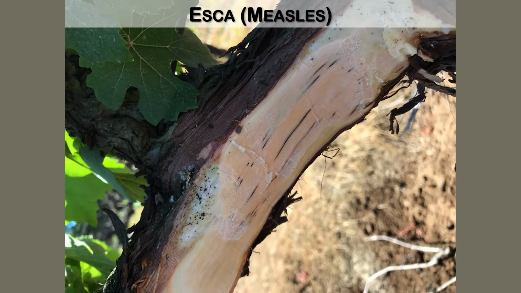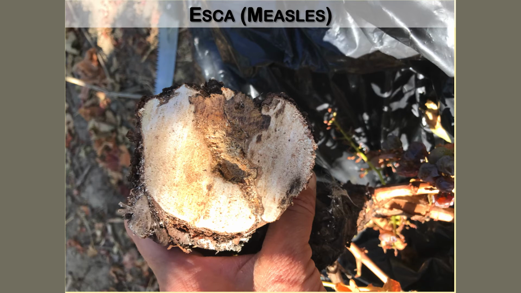And then there's Esca, which is also commonly known as measles or black goo. It causes a different type of wood symptom. This is a cordon where the bark's been scraped off, and the black lines are one of the symptoms of Esca. And then there's another set of Esca pathogens that cause a totally different wood symptom, which is a wood rot.